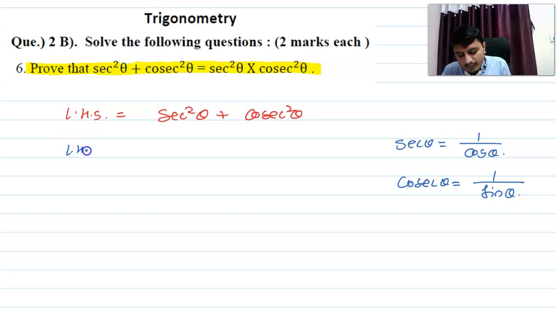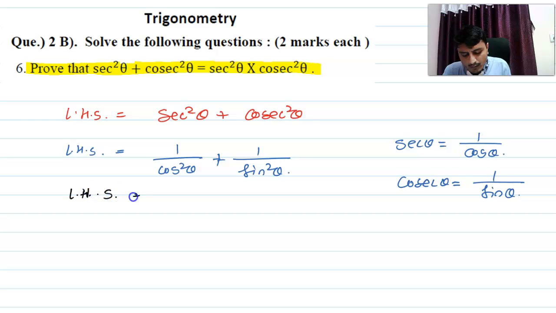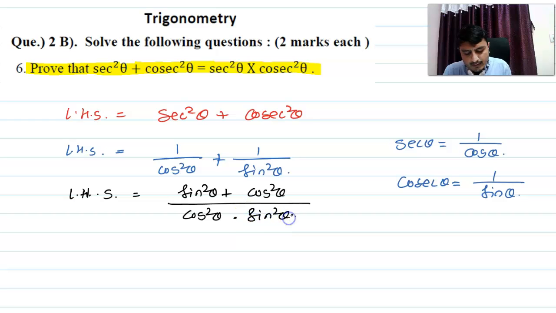After simplifying the LHS, since there is a square, sec square of theta becomes 1 upon cos square of theta, and cosec square of theta becomes 1 upon sin square of theta. Once we make the cross multiplication, the simplified form of LHS is sin square of theta plus cos square of theta whole divided by cos square of theta into sin square of theta.